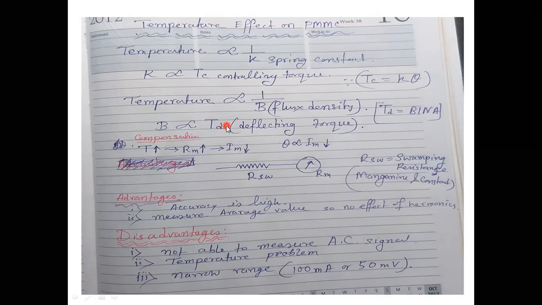Now the deflecting torque is opposed by the controlling torque, meaning the spring is opposing the movement of the pointer. But if the temperature changes, then both the controlling torque and the deflecting torque are reduced.